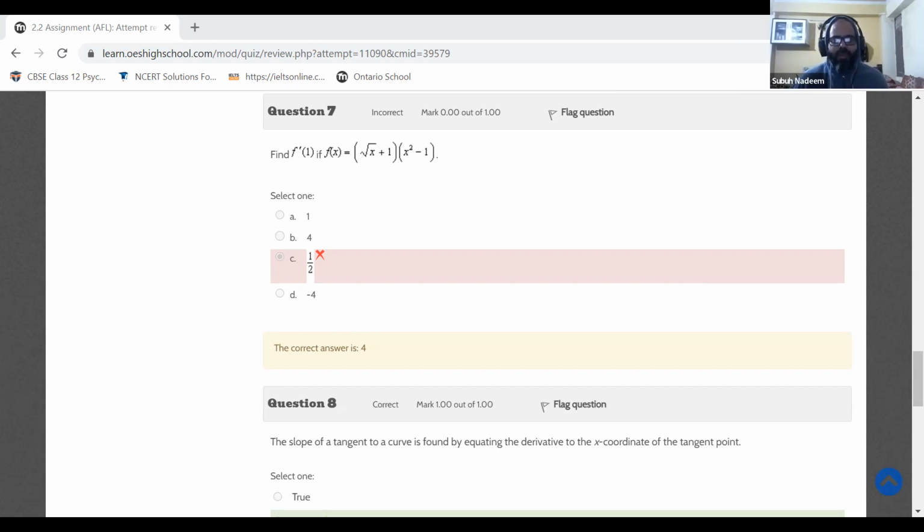When you multiply, the powers are added. So 2 minus 1 by 2, when you take LCM, will be 4 minus 1 by 2, that is 3 by 2. Getting my point? If the bases are the same, then the powers are added. So half x to the power 3 by 2.